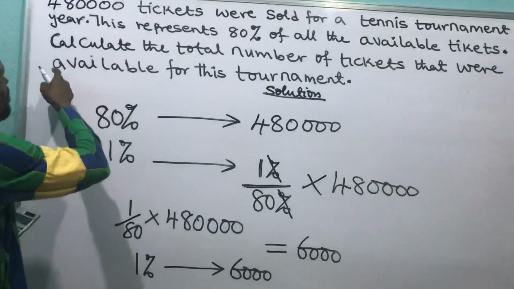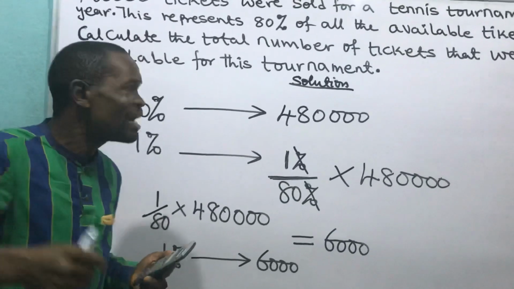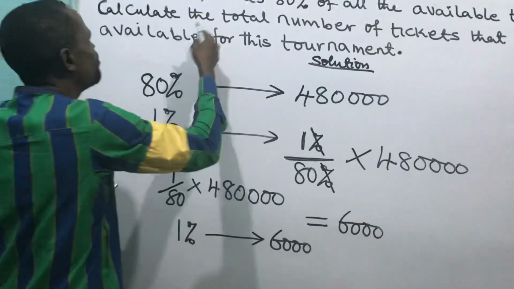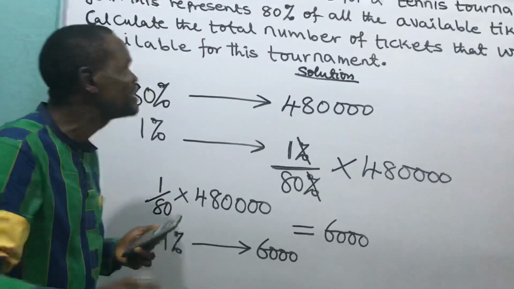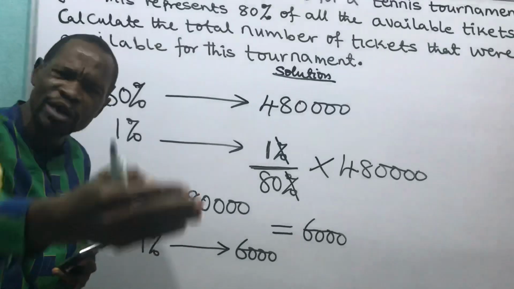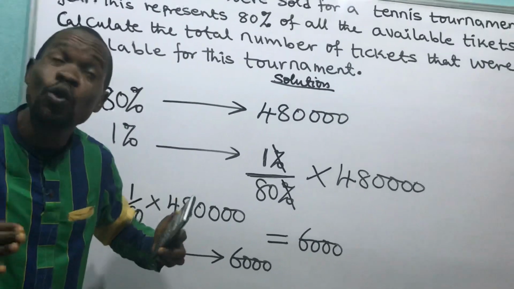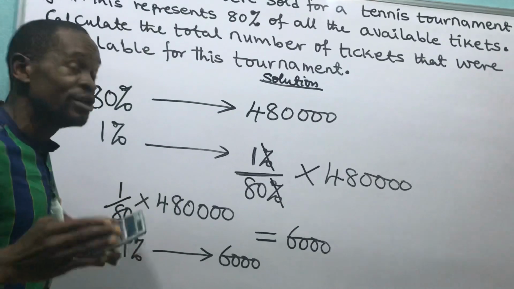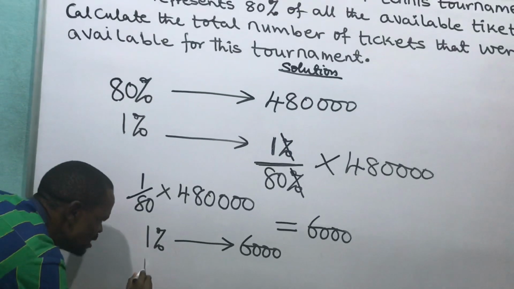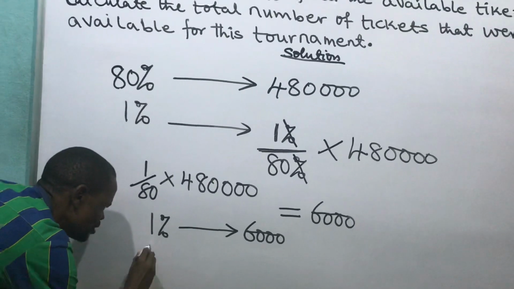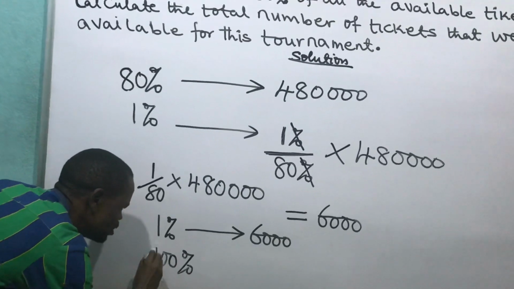Therefore, the available ticket is 100% itself. The total available ticket to be sold, which 80% of it was sold, is 100%. That means it has no change in its value. Therefore, I'm going to say 100% of total available tickets.